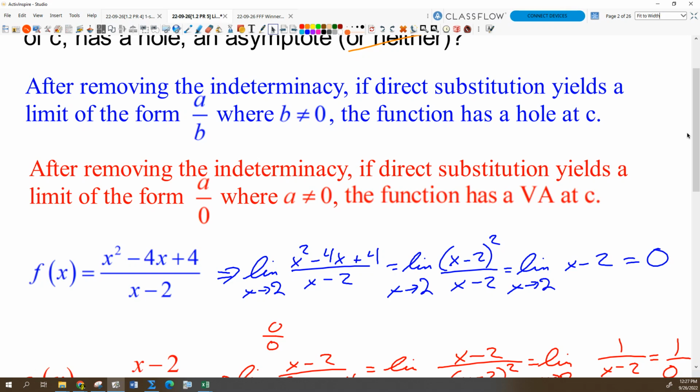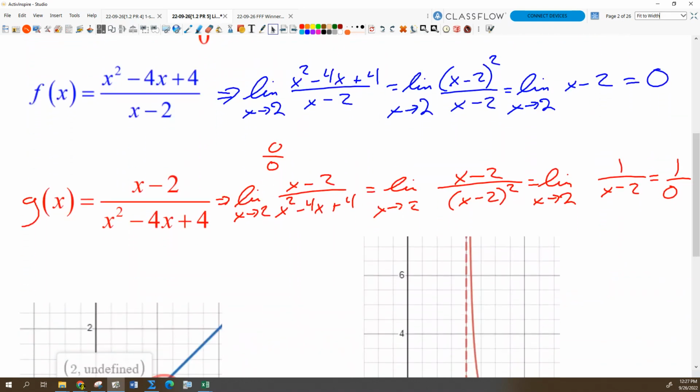Yeah. Well, no. The limit exists. Both of those, the function doesn't exist, right? Because in both of those cases, we have to exclude 2 from the domain because it gives us a 0 in the bottom. In the first example, the limit did exist and was equal to 0. That's a hole. The second, the limit did not exist.